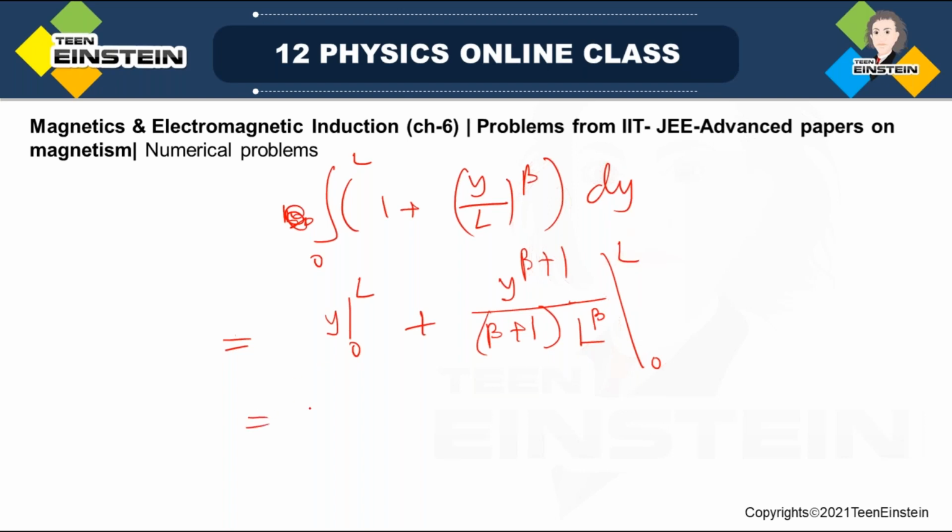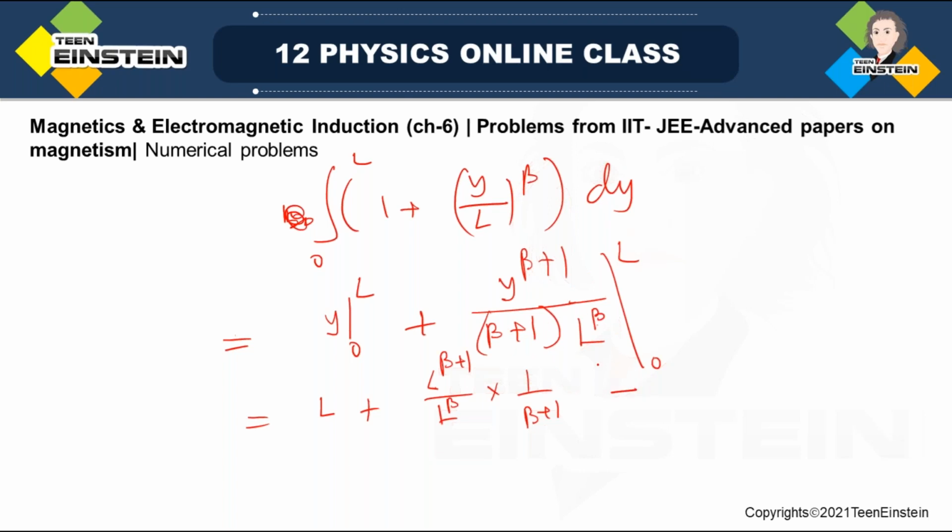Now let us see, y has lower limit 0 here, and upper limit L. If we take y equal to L, it is L to the power beta plus 1, into 1 over beta plus 1. If we take beta equal to 0, this is 1. Okay, so we take upper limit minus lower limit.